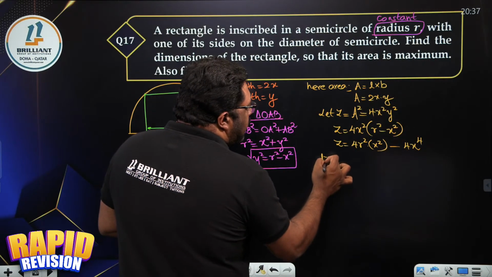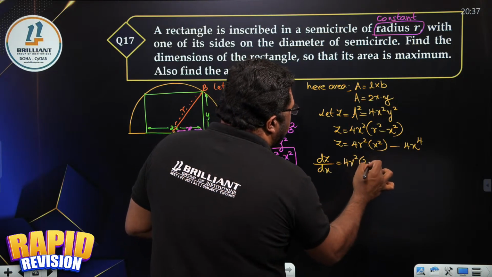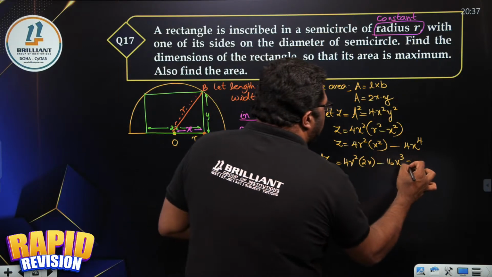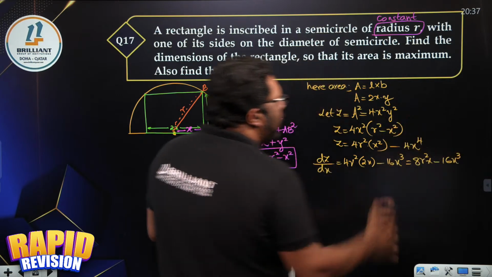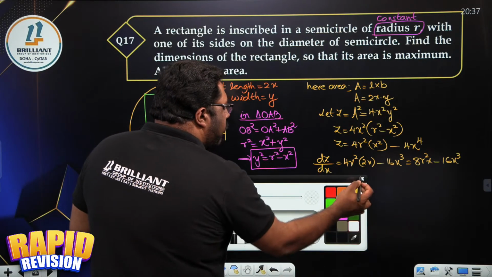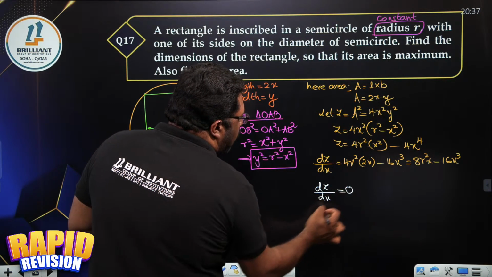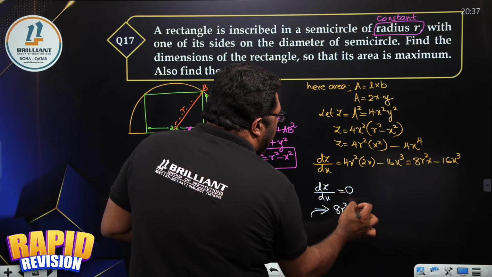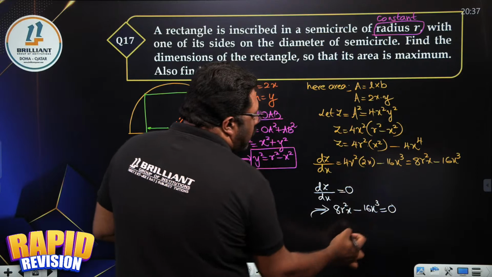Derivative dz by dx is 4r squared into 2x minus 16x cubed. That is equal to 8r squared x minus 16x cubed. Equated to 0, dz by dx equal to 0 implies 8r squared x minus 16x cubed equal to 0.